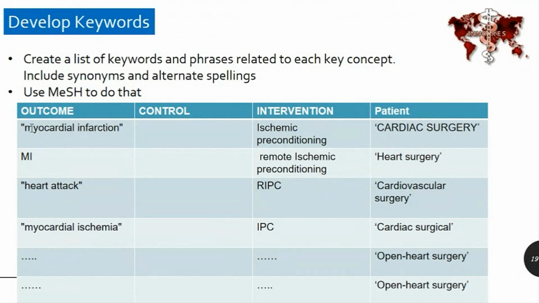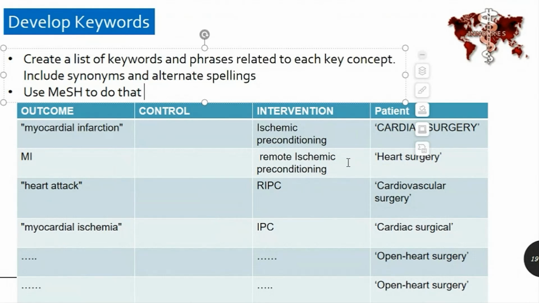So see, in here in the outcome we have added myocardial infarction, MI, heart attack, myocardial ischemia, anything else that you would like to add. And there is one another important thing that you have to also include: alternate spellings. That is because there is a UK and US version of English. So, like, emphasize can be spelled with both Z and S, and that can change the search results. So, we encourage you to keep that in mind as well.